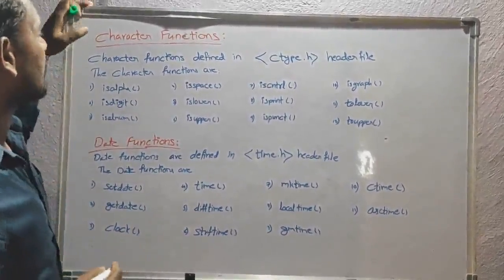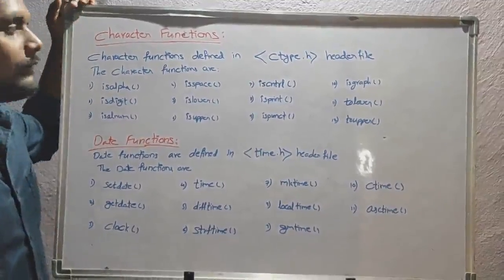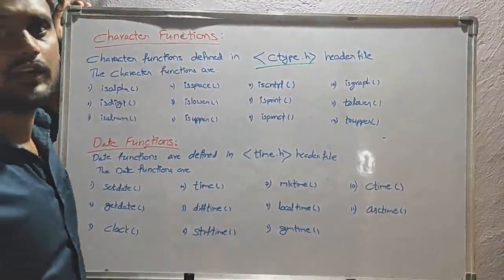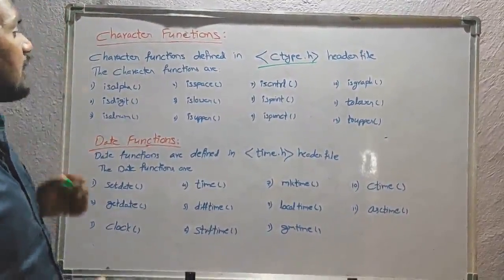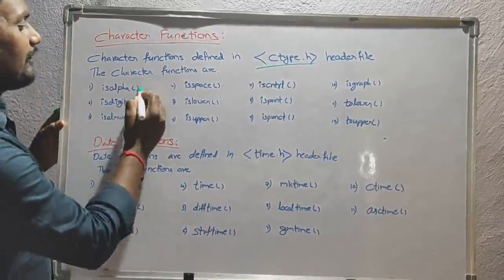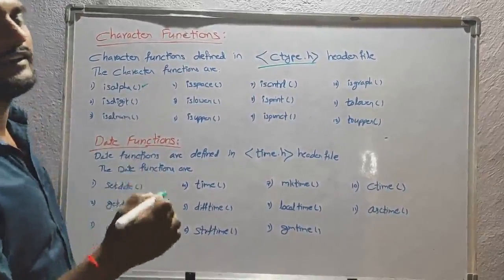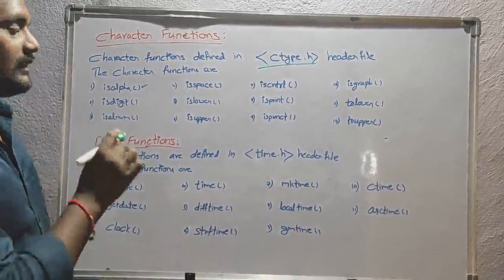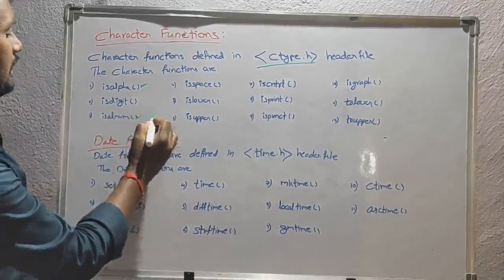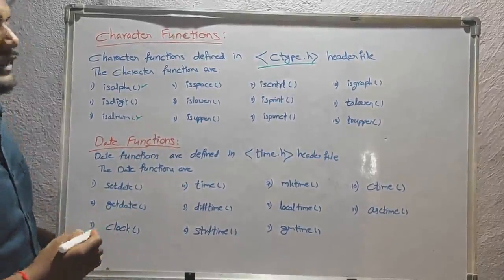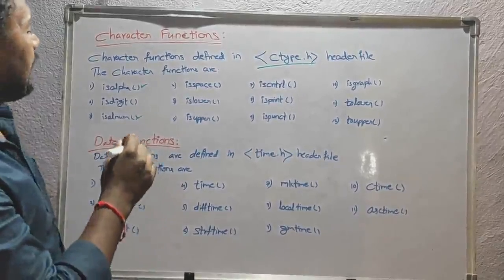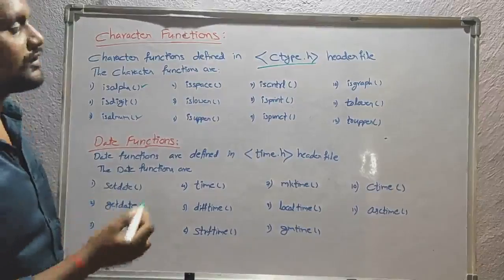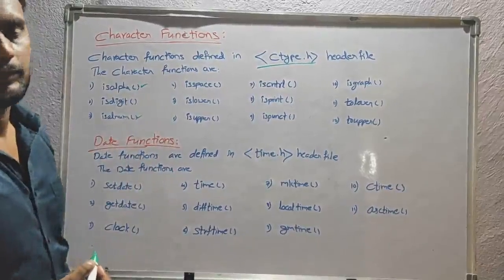The character functions are defined in the ctype.h header file, and the character functions are isalpha, whether the character is alphabetic or not; isdigit, whether a character is a digit or not; and isalnum, whether a character is alphanumeric or not. These are the different types of functions belonging to the character functions.